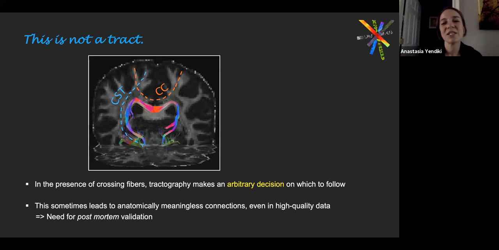So this is a tract that even with very little anatomical knowledge, you can see it and say, okay, this is probably wrong. But for many other tracts that we see in the brain, we don't know if they're wrong or right. And that's why even with the increasing quality of our in vivo data, we still need postmortem validation, where we can have ground truth of the anatomy.